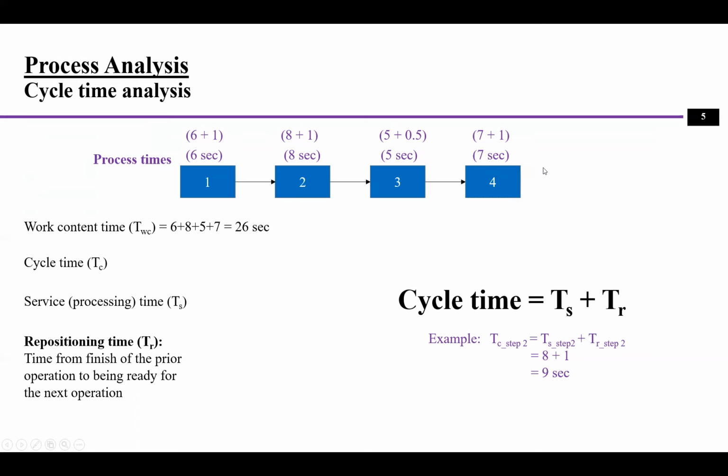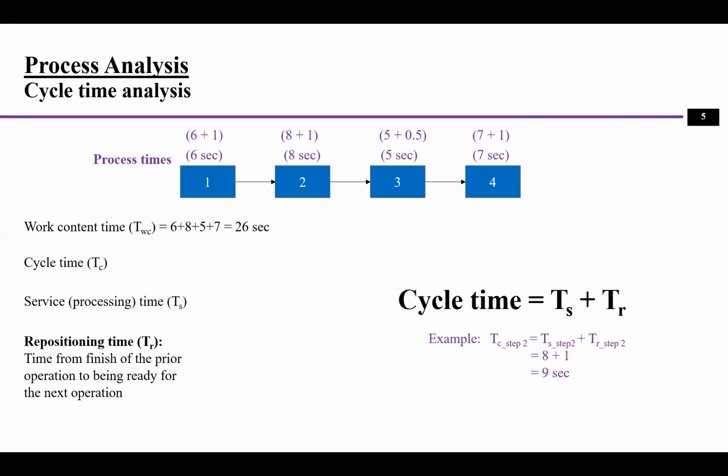Well, there's another concept called repositioning time. Repositioning time is the time from the finish of the prior operation to being ready for the next operation. So repositioning time describes that other than the operation itself, there's also time to get ready for the next process. For example, you probably need to do some setups, or you have to transfer your finished product from your station to another station.